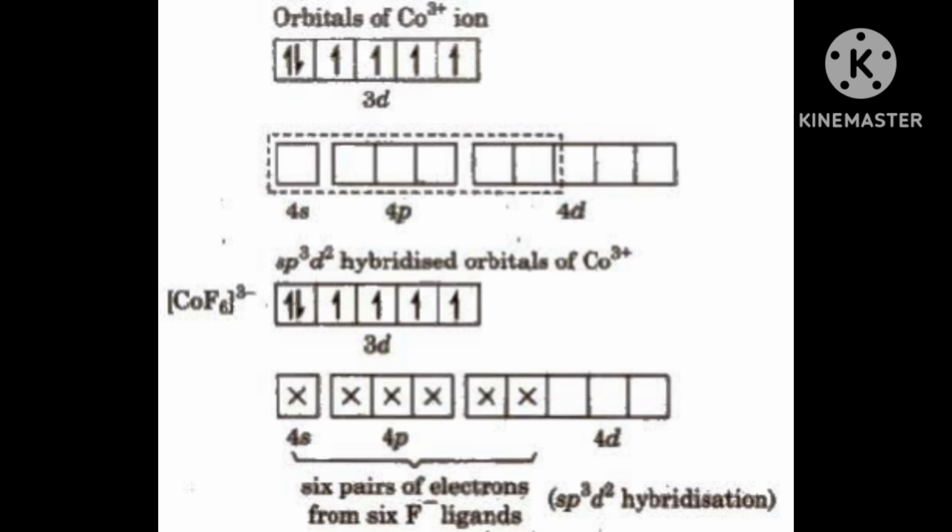Then 3 pairs are there, lone pairs of electrons. Chloride has 3 lone pairs of electrons, just like a fluoride ion.